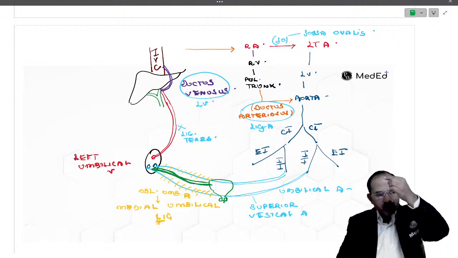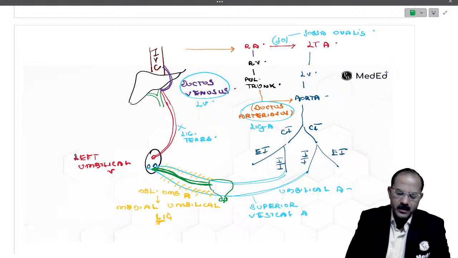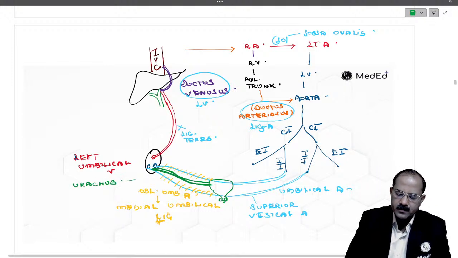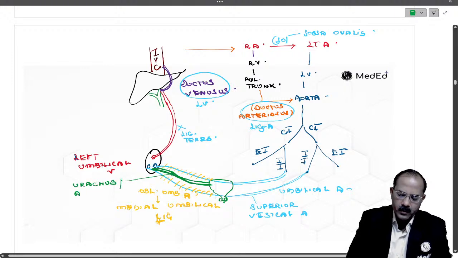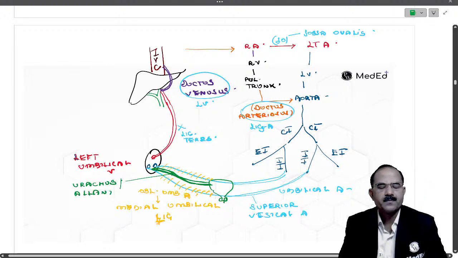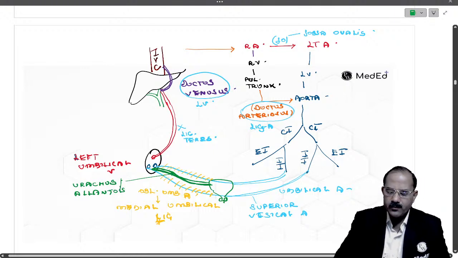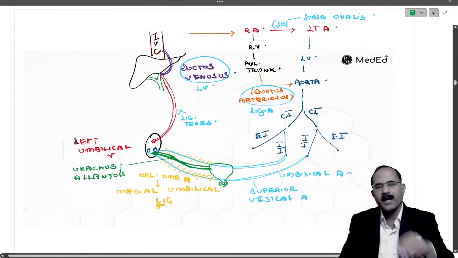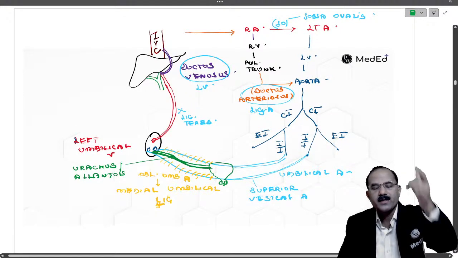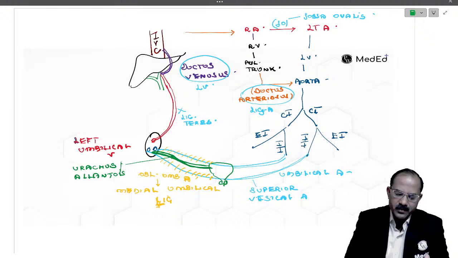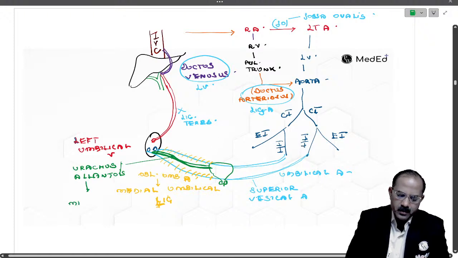There's a communication between the urinary bladder and the umbilicus, and this is what we call the urachus, or allantois. So in fetal life, from the apex of the bladder to the umbilicus, there's a communication, that's the urachus or allantois. After birth, this obliterates, and this is what forms the median umbilical ligament.